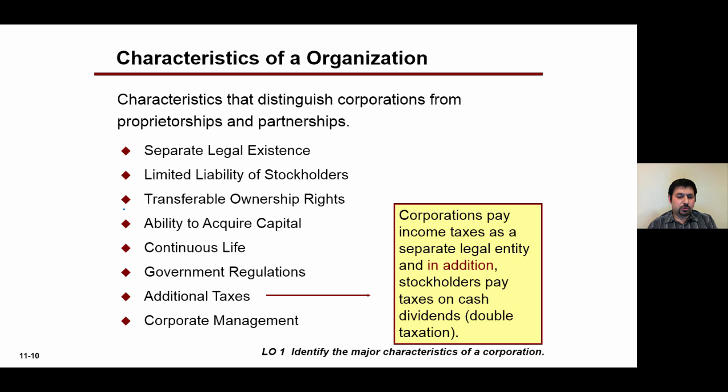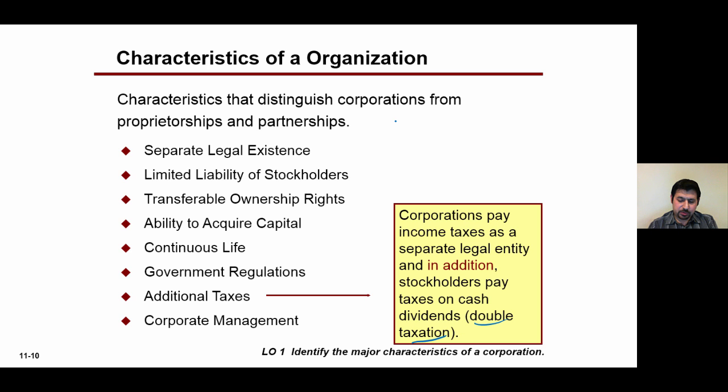And then later on, when shareholders receive their dividends, they will also have to pay tax on their own personal income. In this case, this profit or net income will be taxed twice. This is why we call it double taxation.